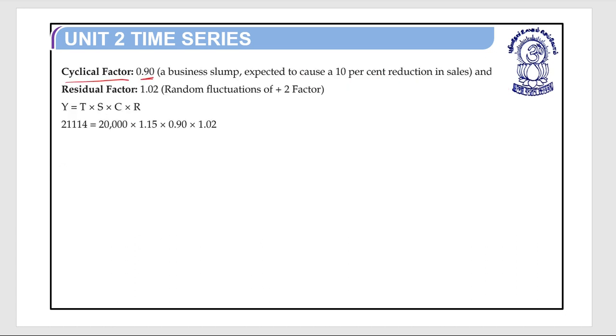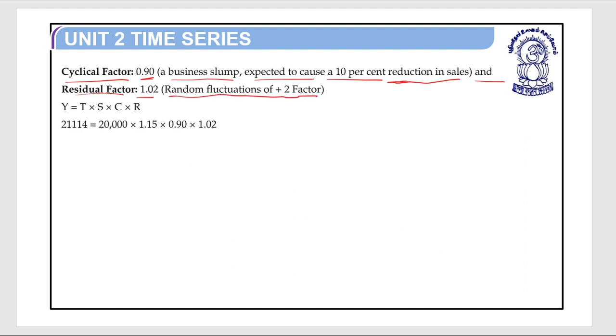Cyclical factor 0.90, a business slump expected to cause a 10% reduction in sales, and residual factor is 1.02, random fluctuation.